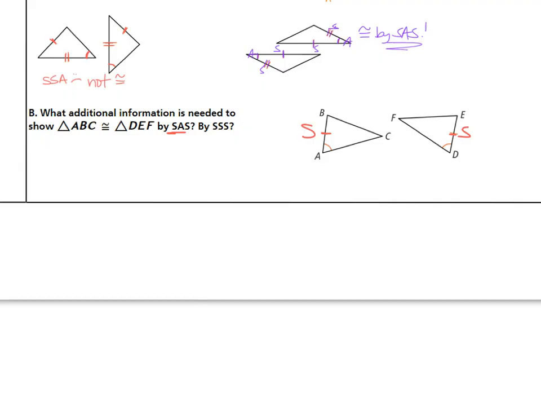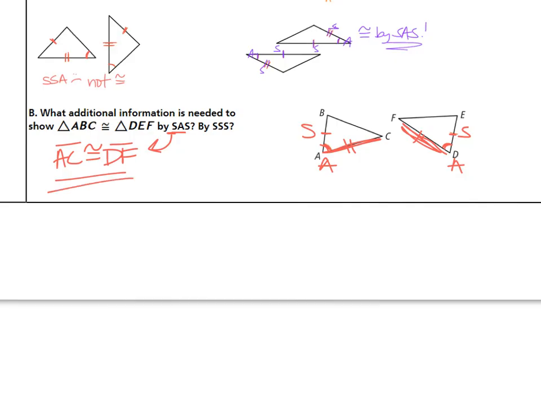Then I have angle A and angle D. There's my angles. So if I want to do SAS, I need the side that's on the other side of my angle, if that makes any sense. So I would need this side AC to be congruent to this side DF. So to use SAS, we would need to know that AC is congruent to DF. That would be the additional information we would need.